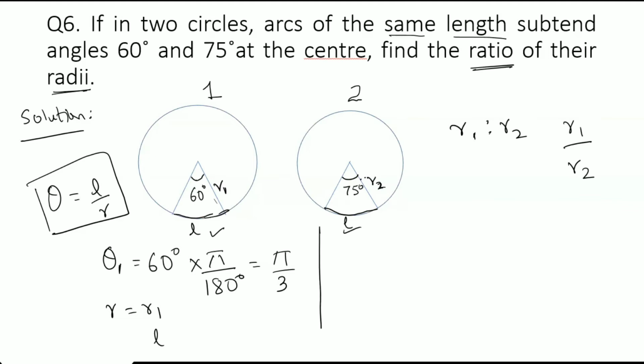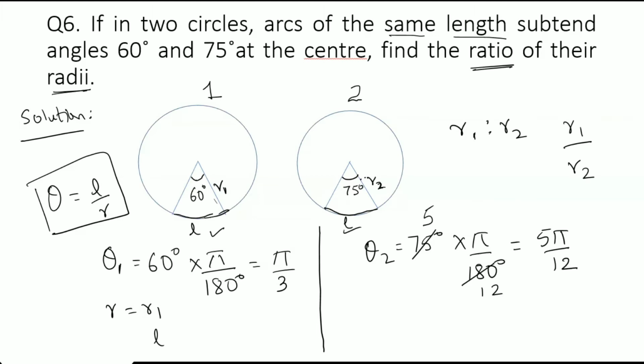And for this circle here, my theta 2 is 75 degrees. So I'll just convert this to radians, and this is 5 pi by 12, my angle subtended here.